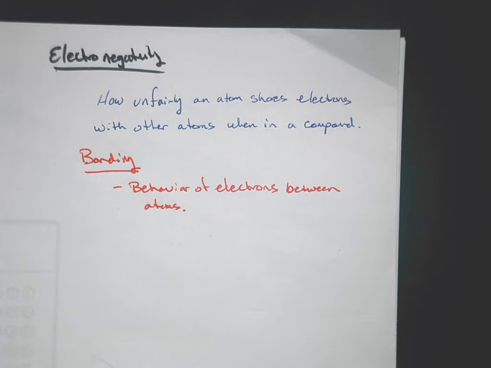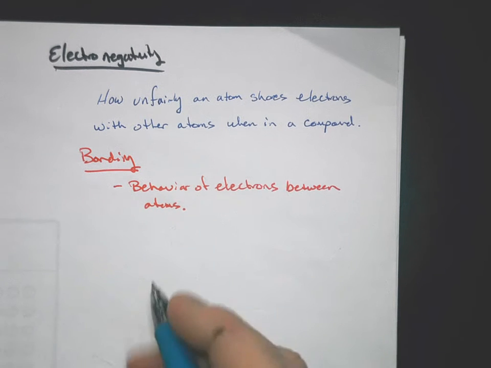Okay. And so what we look at with this is the difference in the electronegativity value between any two atoms.